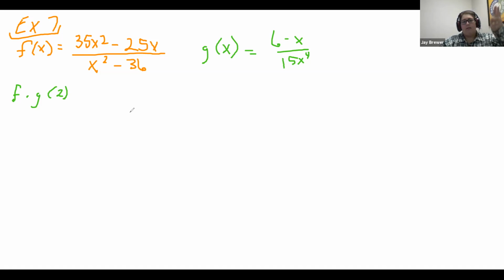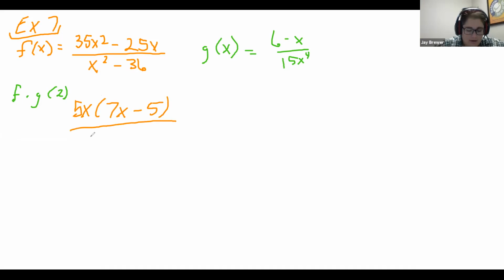What can we pull out of the top? A 5x. Perfect. So we're going to pull a 5x out, and we're going to have a 7x minus 5 left inside. And then the bottom is going to end up being x plus 6 and x minus 6.